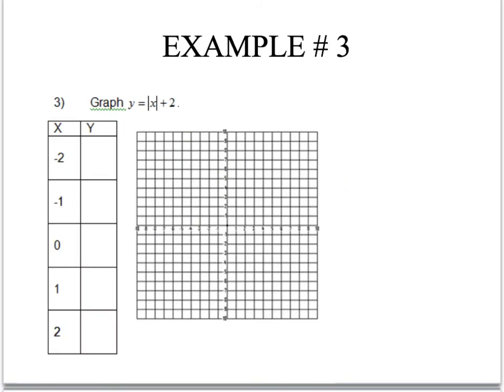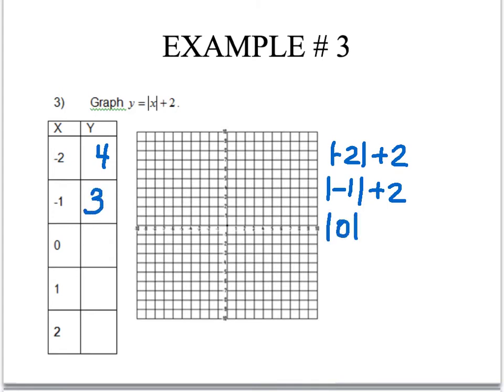Example number 3 says graph y equals the absolute value of x plus 2. So we're finding the absolute value of x before we add 2. So that would be 2 plus 2 is 4. The absolute value of 1 is 1, plus 2 is 3. The absolute value of 0 is 0, plus 2 is 2, and so on.